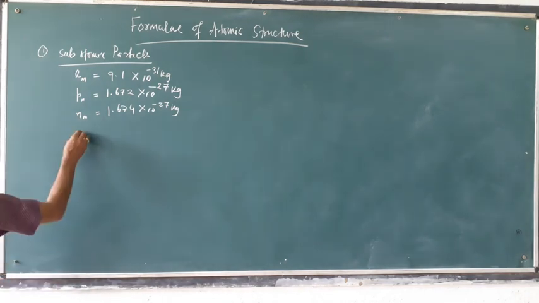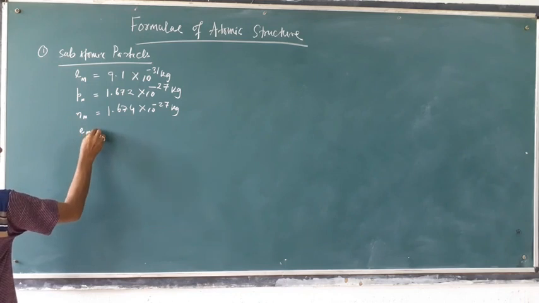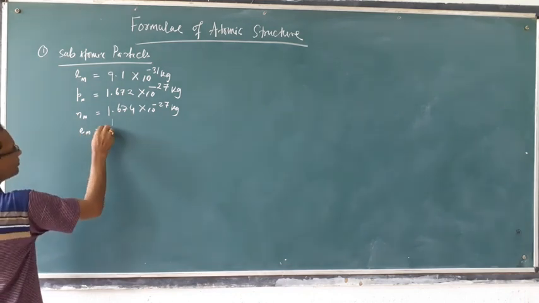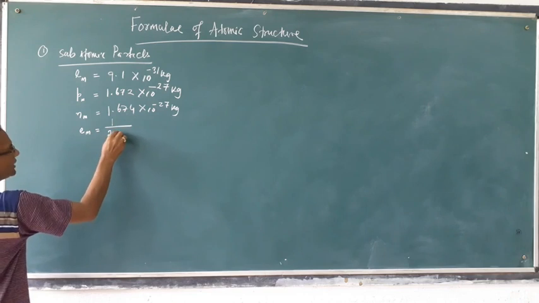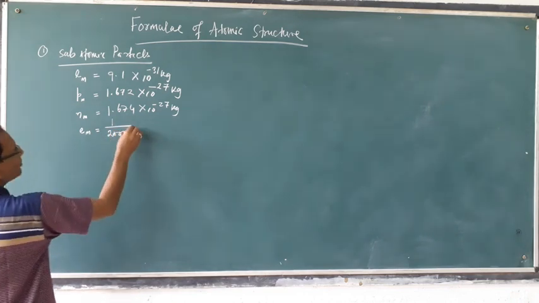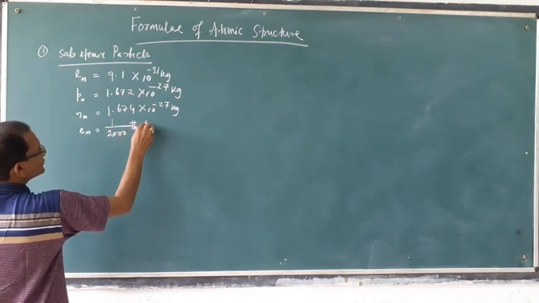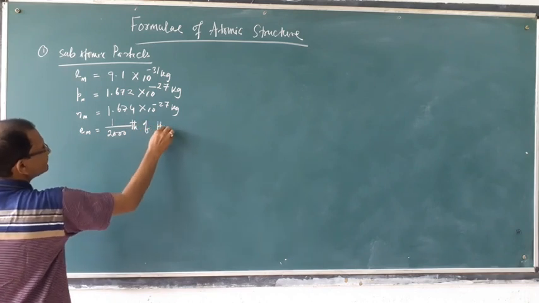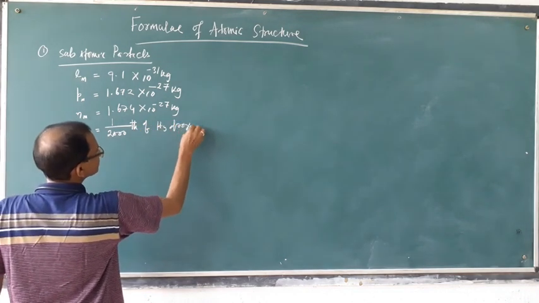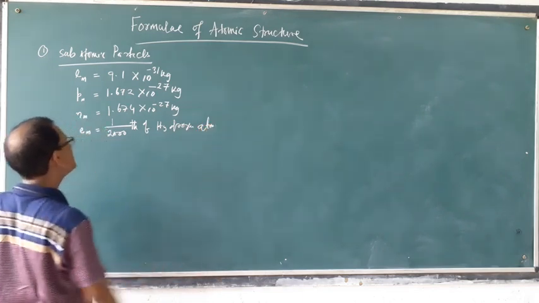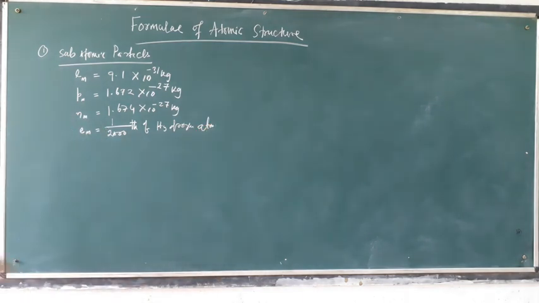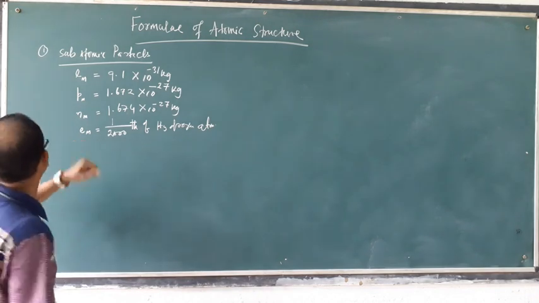And the mass of electron, Em, is 1 upon 2000 of hydrogen atom. That means if you compare the mass of the electron with the mass of a hydrogen atom, it is about 2000th part of the hydrogen atom mass.